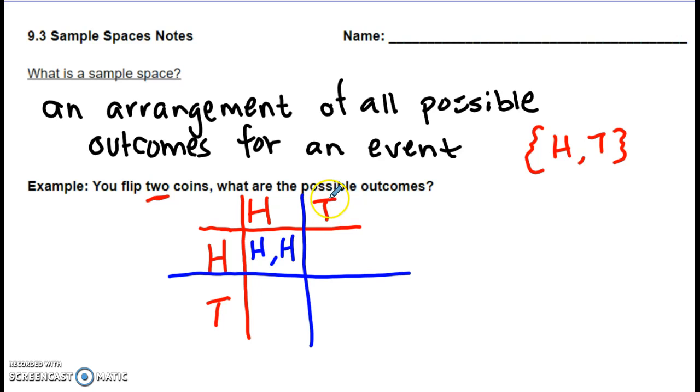Another option would be to flip tails the first time, and I'm starting up on my top row, and then coming and flipping heads the second time. As I continue the pattern, I could flip heads the first time and tails the second time. And then lastly, I could flip tails the first time and then tails the second time.